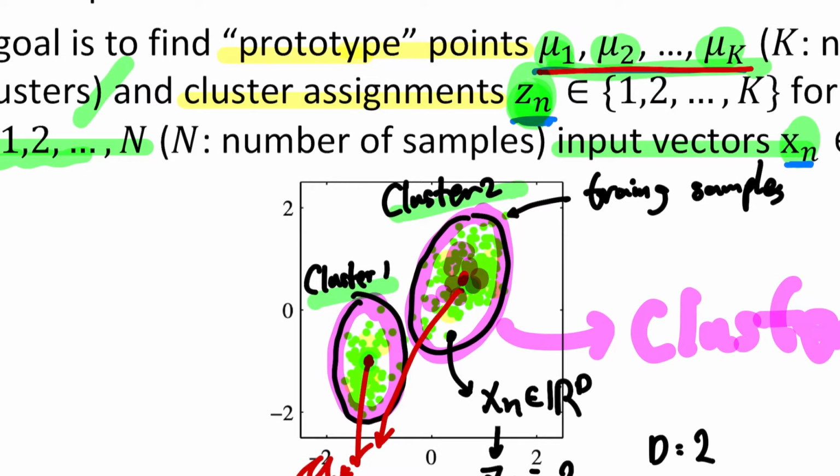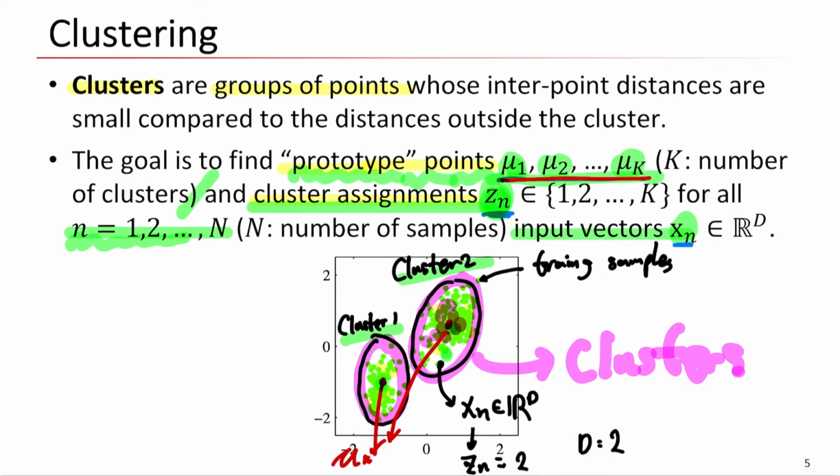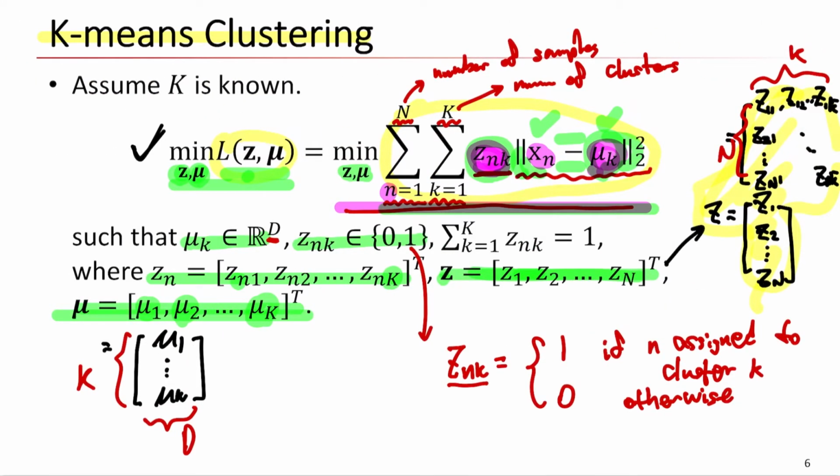Then what we want to do is find the cluster center, or prototype point, that represents each cluster. Then we want to find the cluster assignment for each sample, that is, whether this sample is assigned to cluster 1 or cluster 2. Okay, so this is what we want to do.